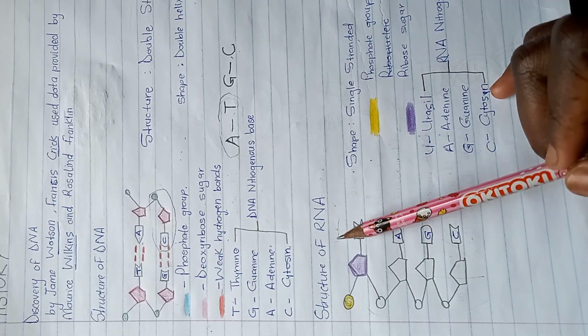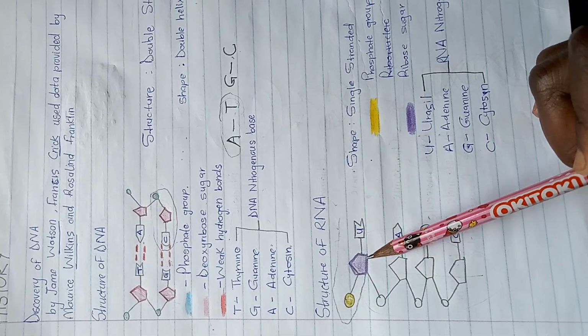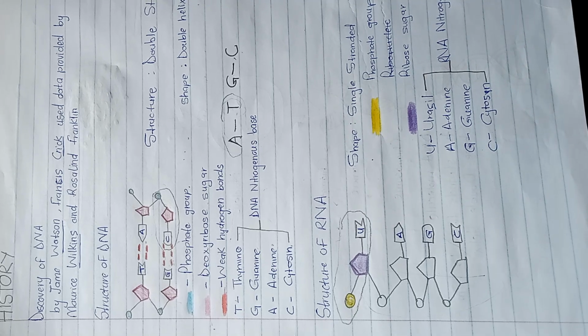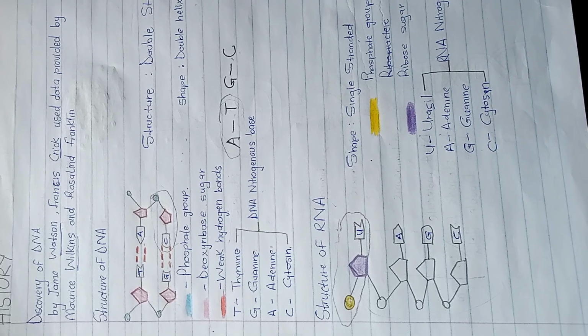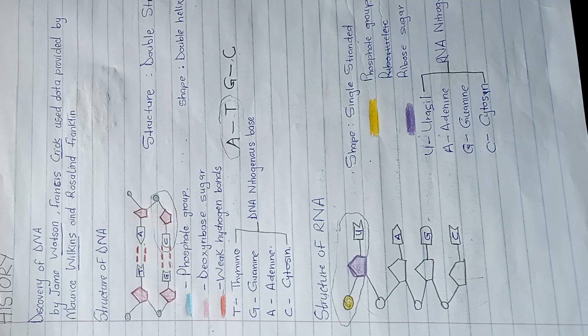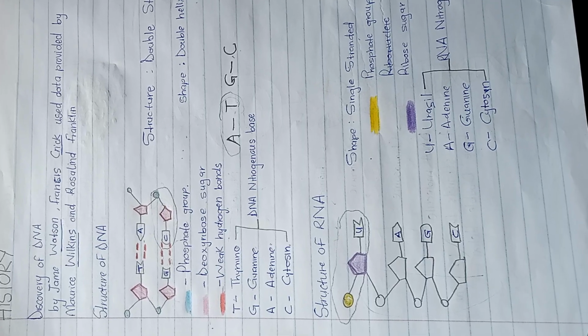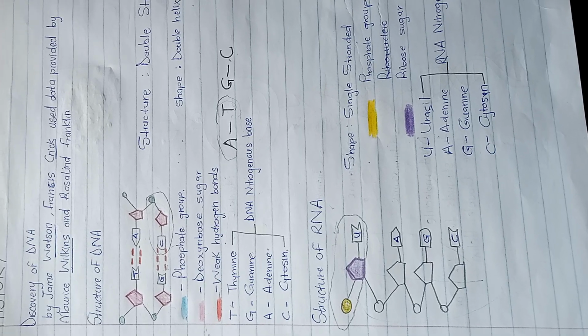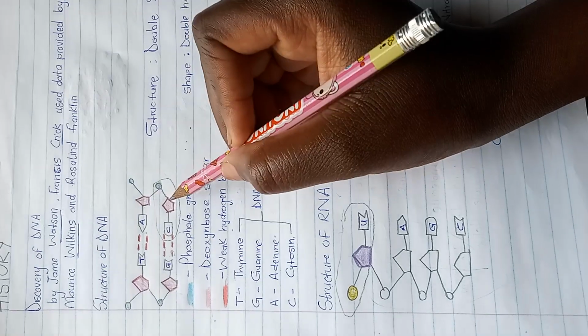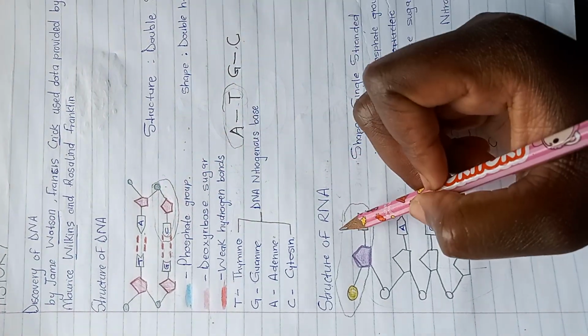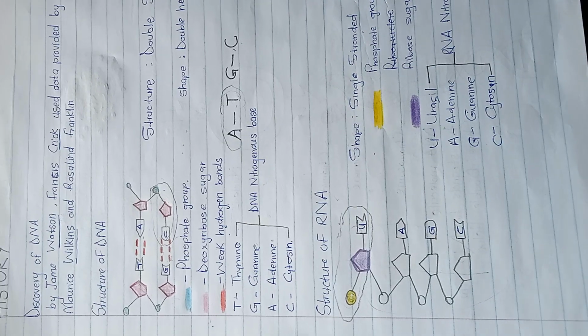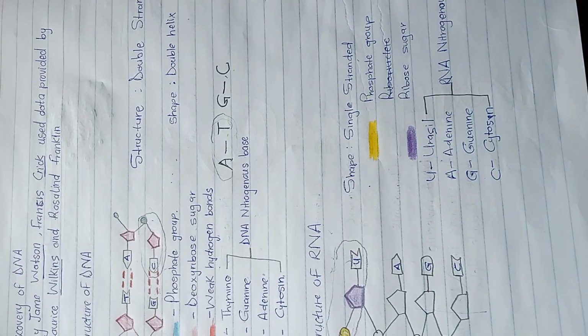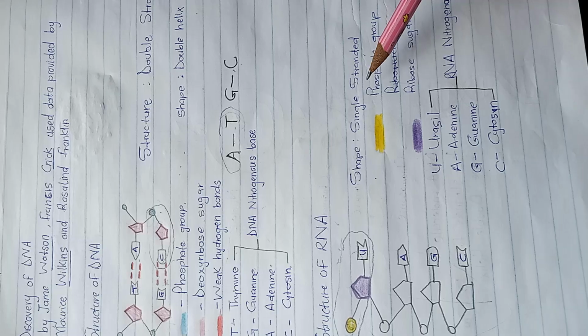And I said to you, we call this little structure here all together like that a nucleotide. I told you previously what a nucleotide is: it is a monomer of both the nucleic acids. As you can see, the structure is here and it is also present here.